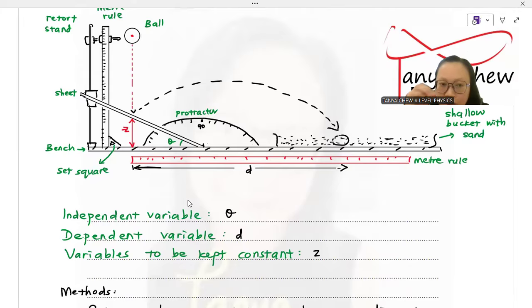And I also change the mark in order for Z to remain constant. Since I have the initial value, when theta is increasing, I put another new mark on the sheet, not on the bench, sorry, on the sheet, to make sure that the Z value is always constant.